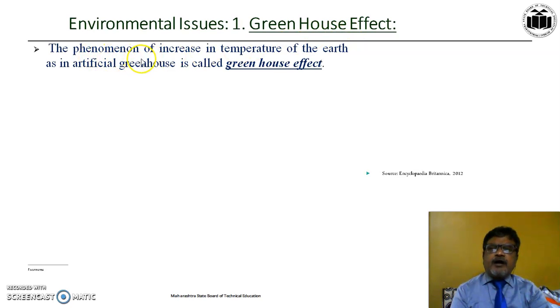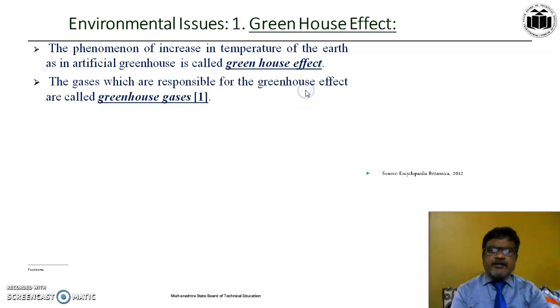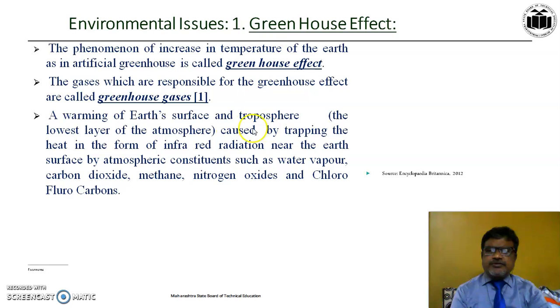The phenomenon of increase in temperature of the earth as in an artificial greenhouse is called greenhouse effect. The gases which are responsible for the greenhouse effect are called greenhouse gases.